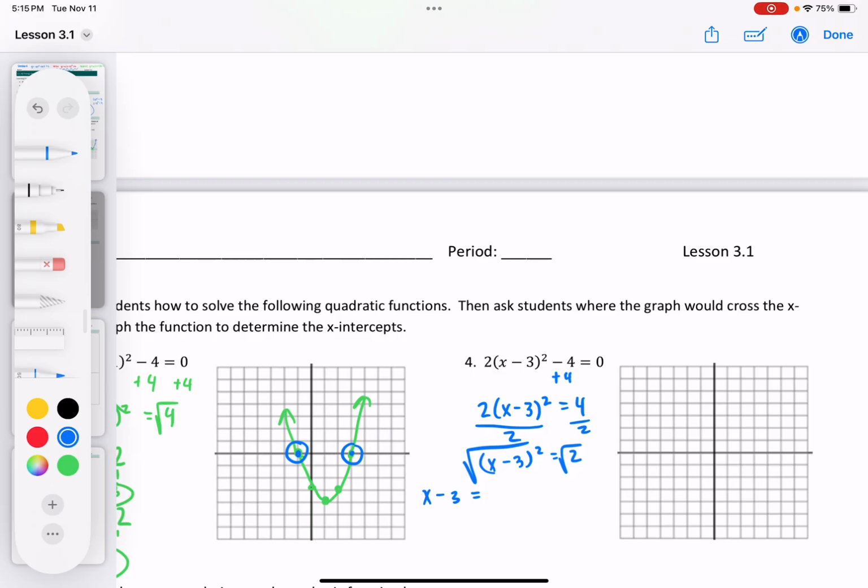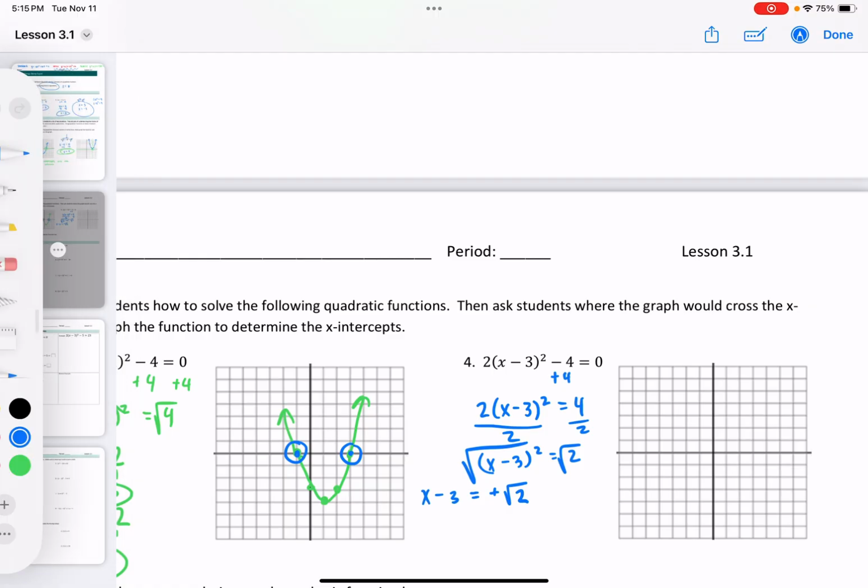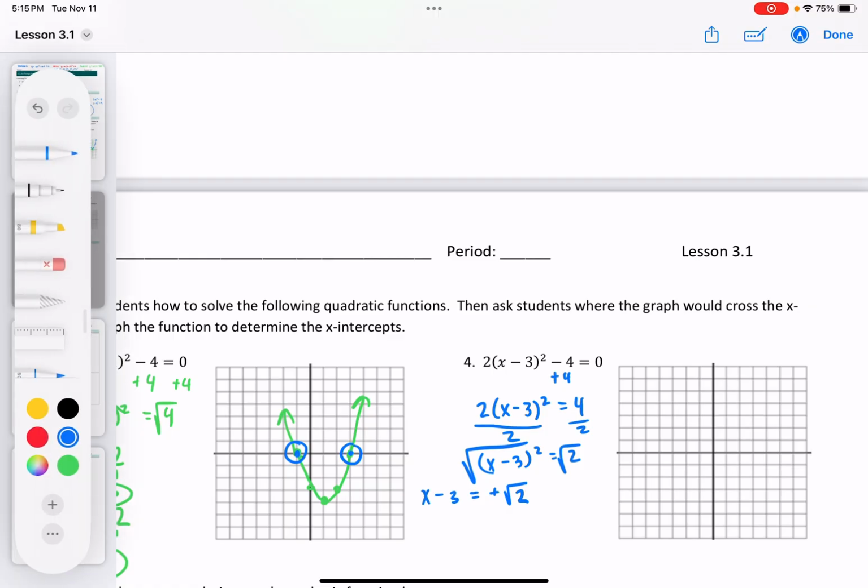So exact answers for a radical is just going to be that the radical is still going to be there, but we're still going to have 2 solutions. So when we square root both sides, we get a positive square root, and our second equation is going to be x minus 3 equals a negative square root of 2.